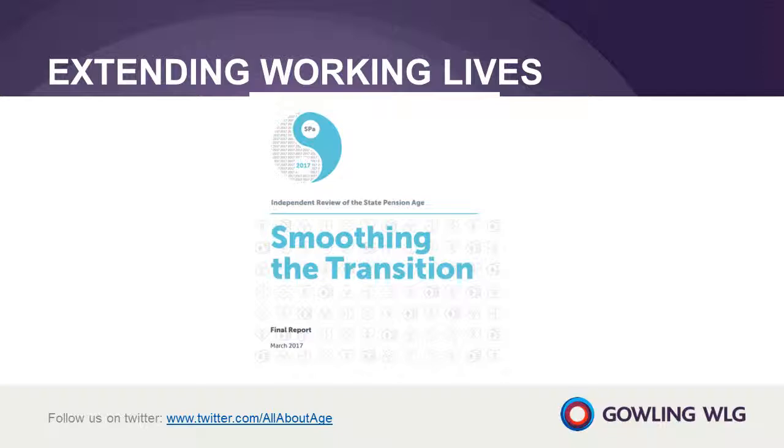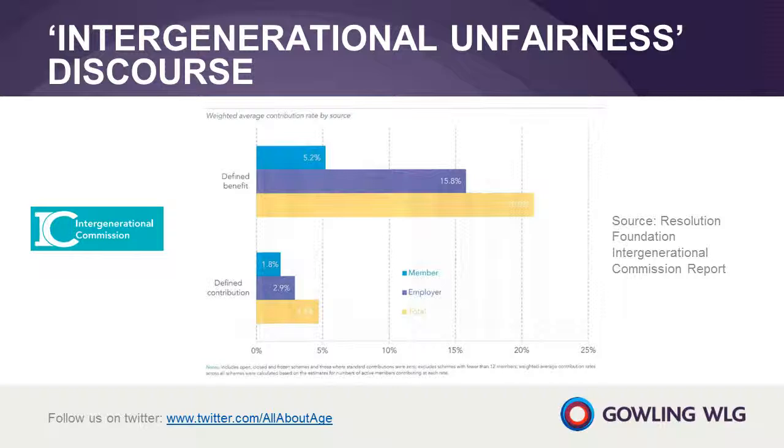So there's that real desire to balance providing a state pension as against the recognition that the growing and ageing population will require some pretty significant funding by taxpayers in order to remain sustainable over the long term. So John Cridland's review concluded that state pension age should increase to 68 between 2037 and 2039 to provide a greater measure of intergenerational fairness and to make the state pension more affordable.